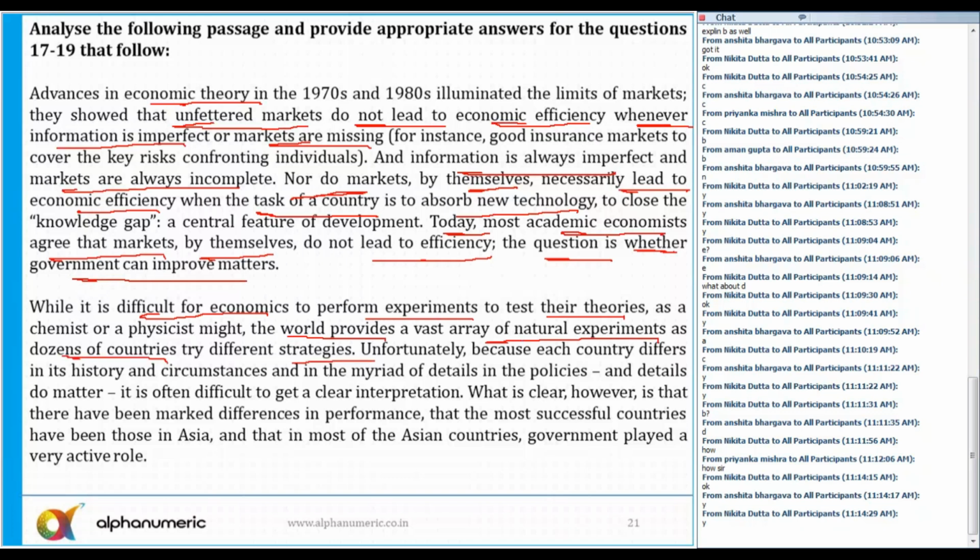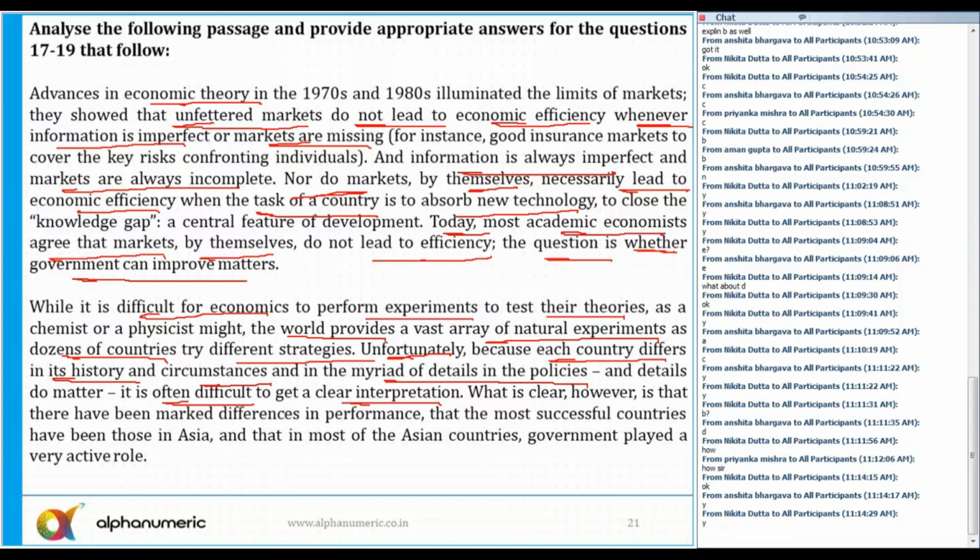So from the strategies adopted by different countries, we can probably make some theories. Problem is that because each country differs in its history and circumstances, and in the myriad of details in the policies, it is very difficult to get a very clear interpretation. So that is why it is difficult to test your theory because every single country is different. It has different history, different circumstances.